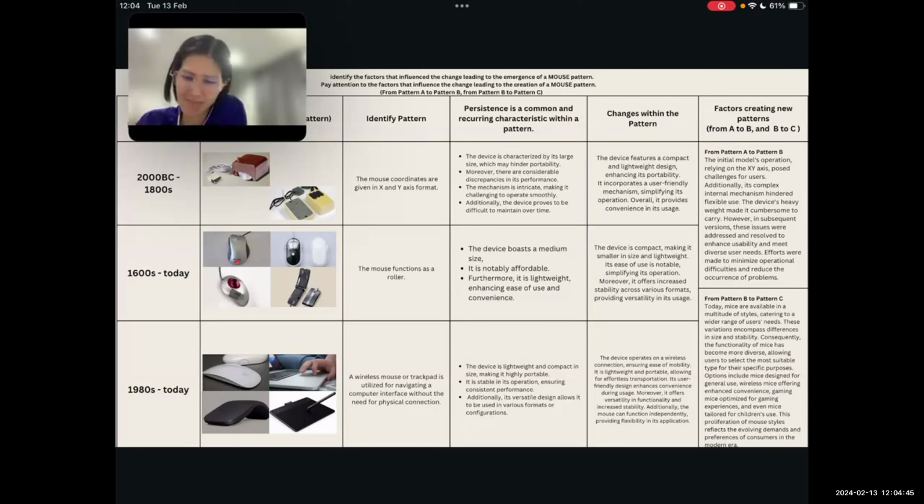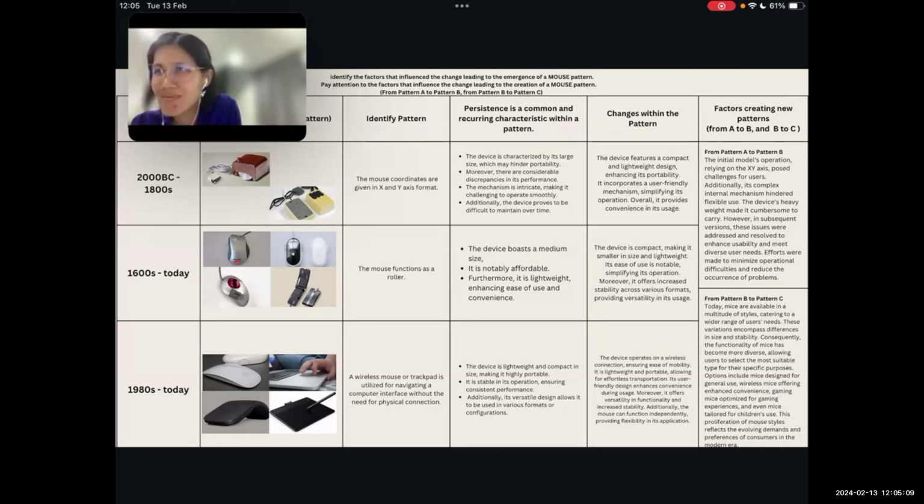So from pattern B to pattern C. Today, more invention in the material and style. Okay, so the functionality of the mouse had before more.